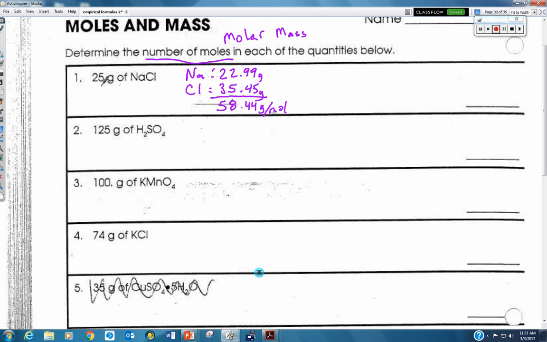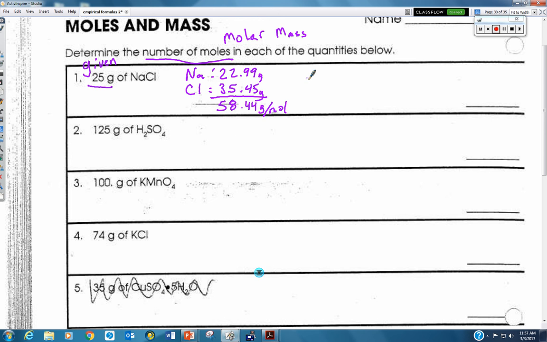We are given 25 grams of sodium chloride. Looking at it visually, 25 grams is less than 58.44, so we are going to have less than 1 mole of sodium chloride.